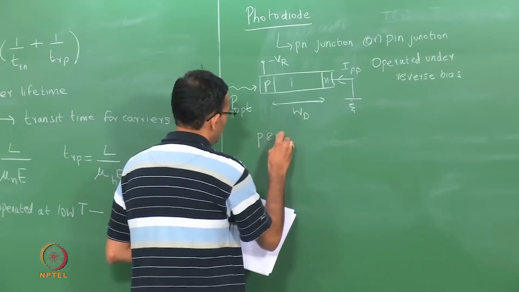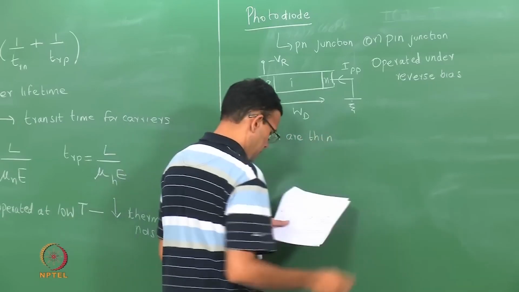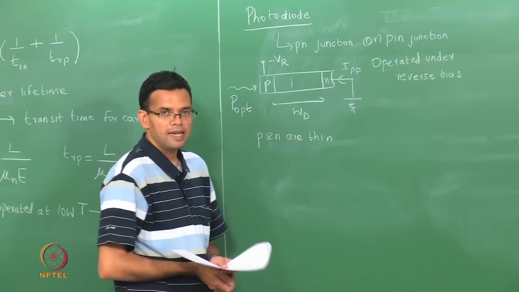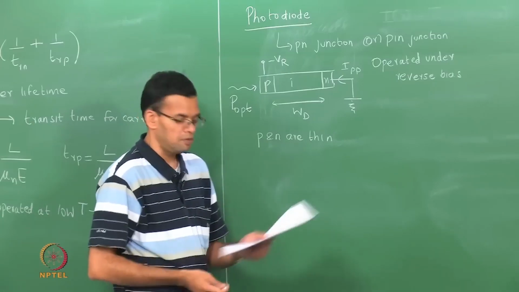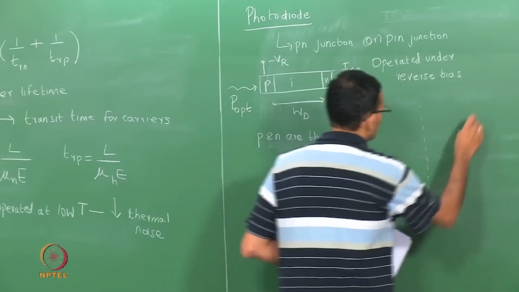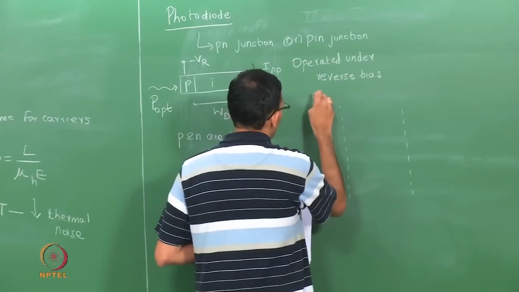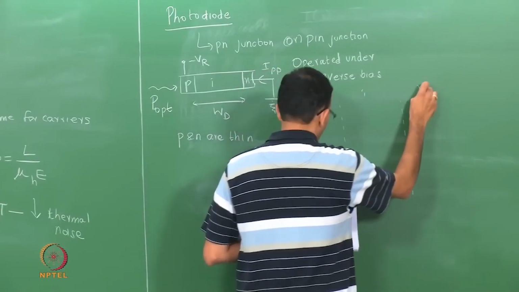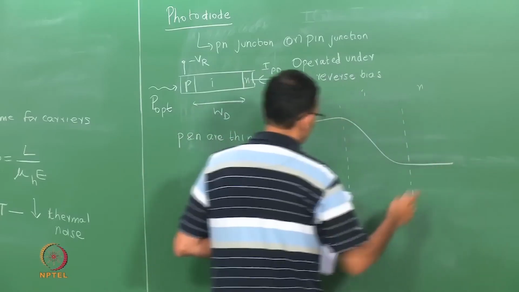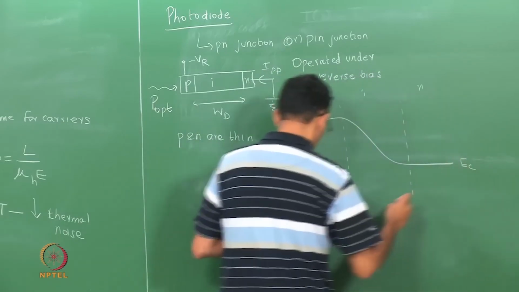So, P and N are typically thin. So, if we were to draw the energy band diagram for this under reverse bias, I have my P, I have intrinsic, I have N. This refers to your conduction band.